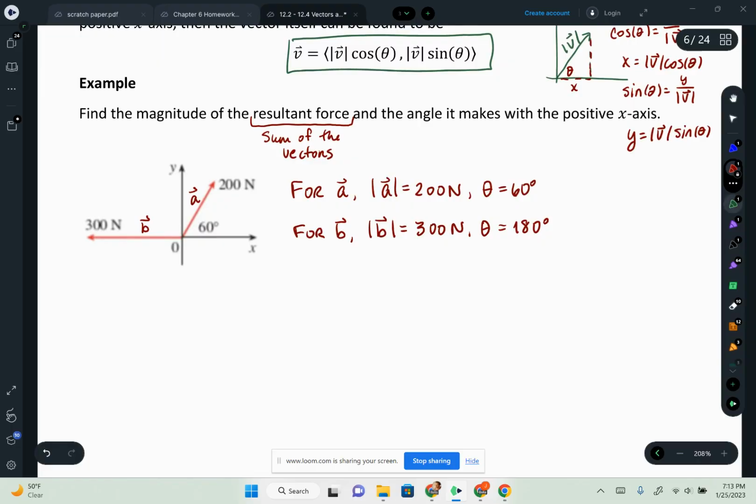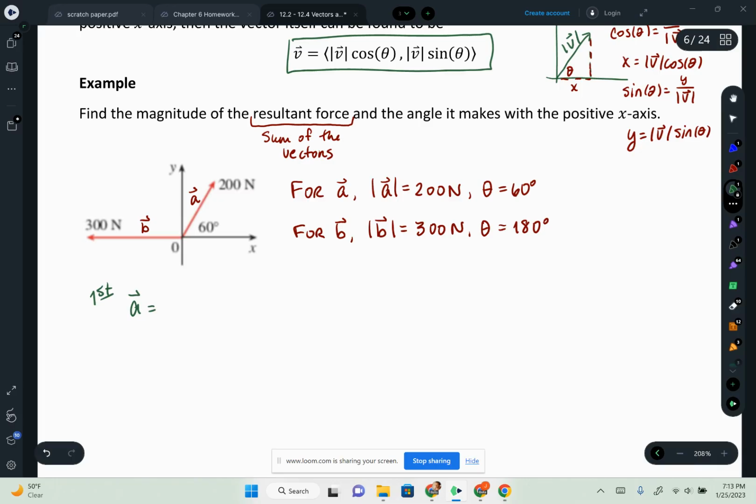All right, so now that we have that, we can start doing some calculations. First, before we can even think of the magnitude of the resultant force, we have to come up with the two vectors that are going to be added to come up with a resultant. So we need our A vector.